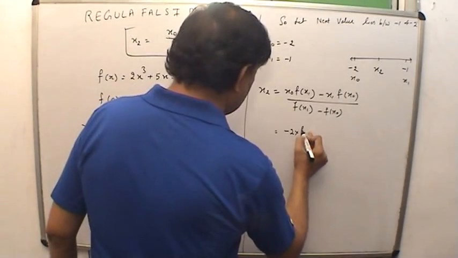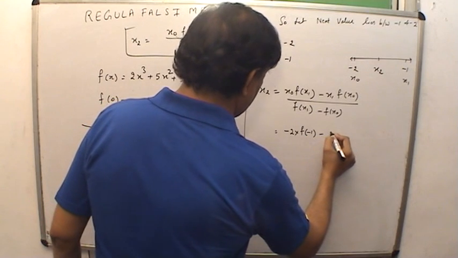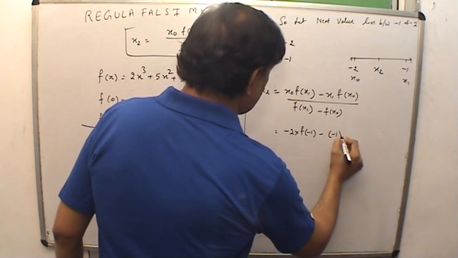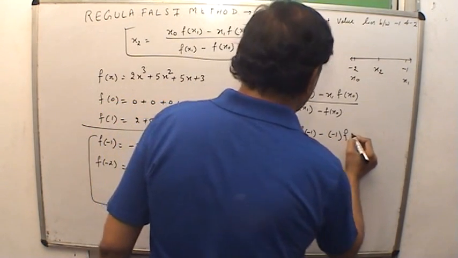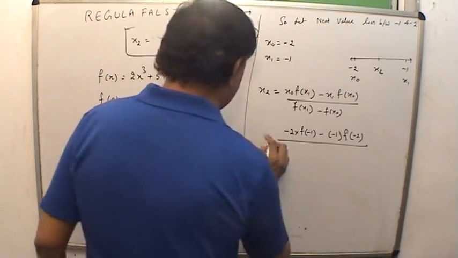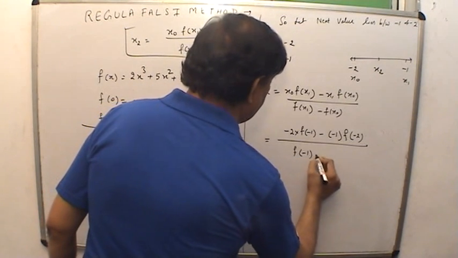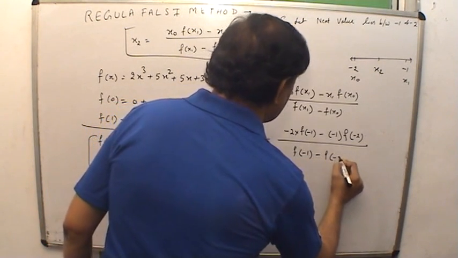f of x1 means f of -1. Minus x1 -1 into f of x0 -2, divided by f of x1 f of -1 minus f of -2.